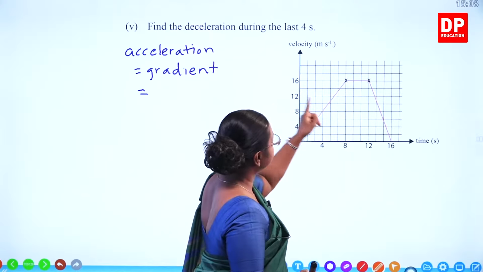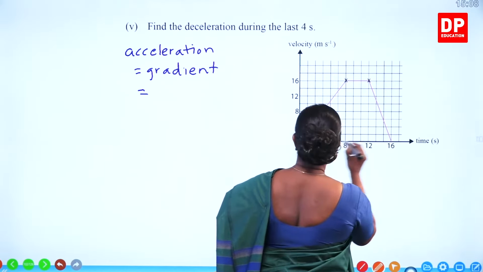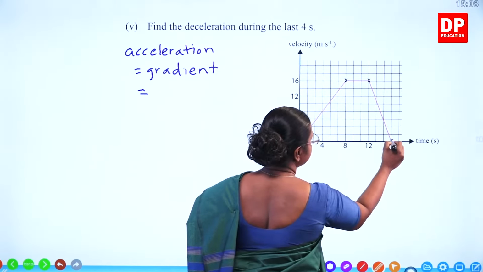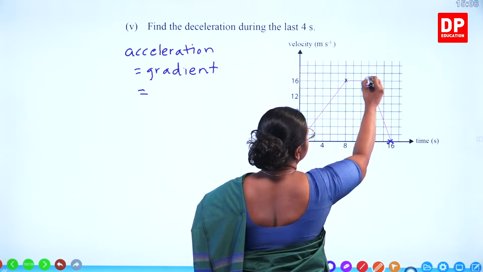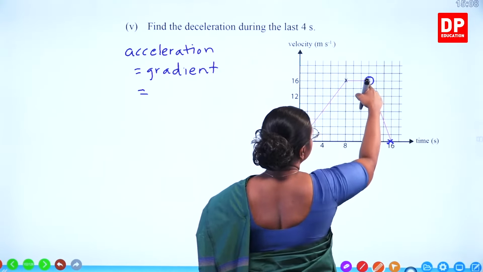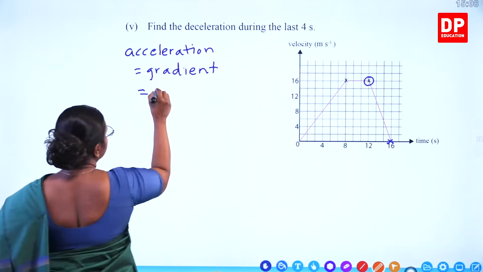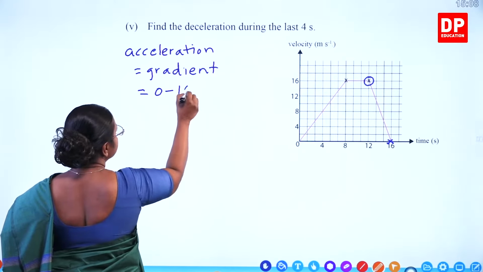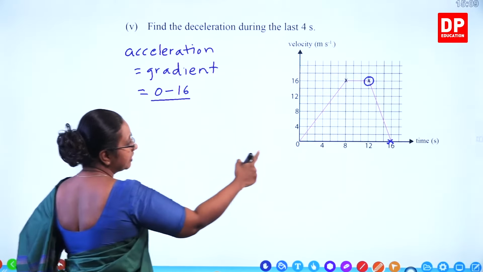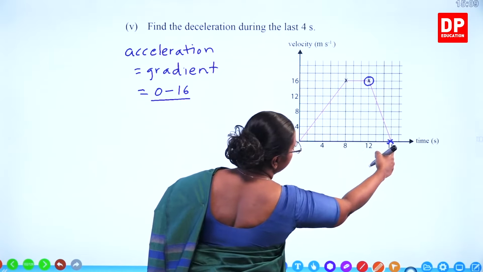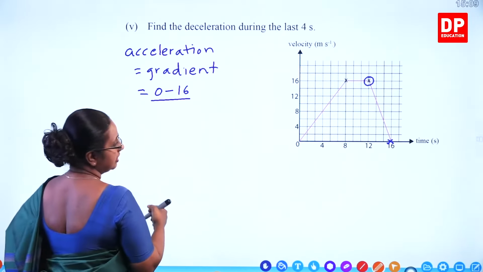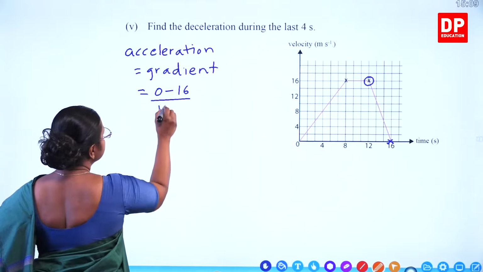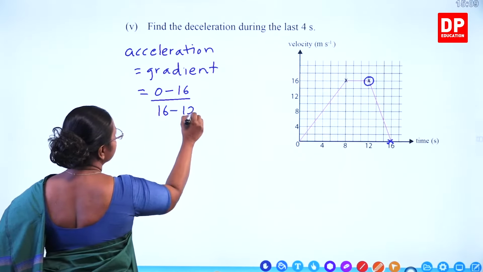So y-axis final value is 0, this point, and the first part is here. So final minus initial, 0 minus 16, and the difference in x-axis, final minus initial, is going to be 16 minus 12.